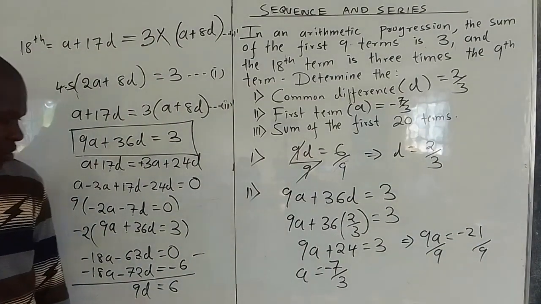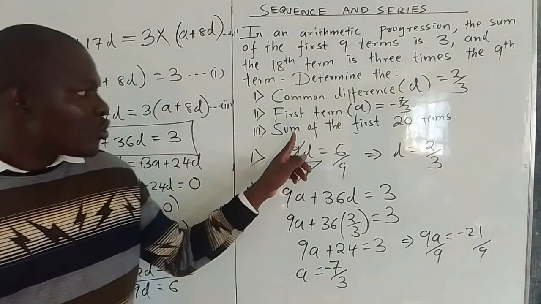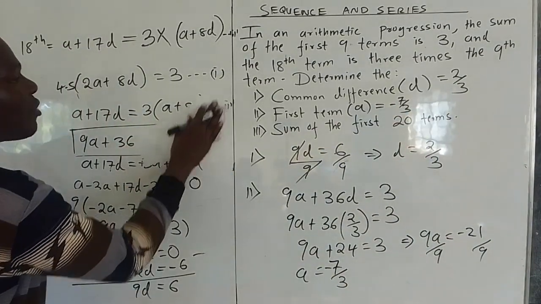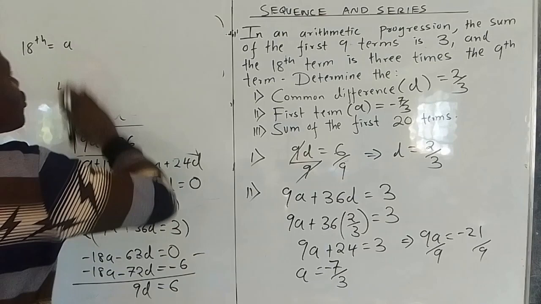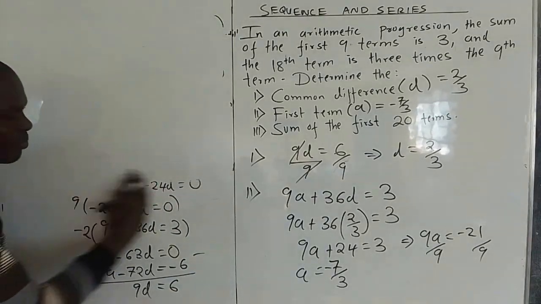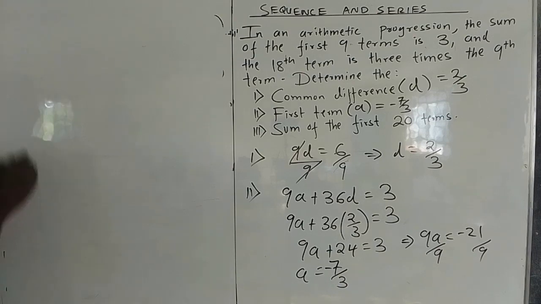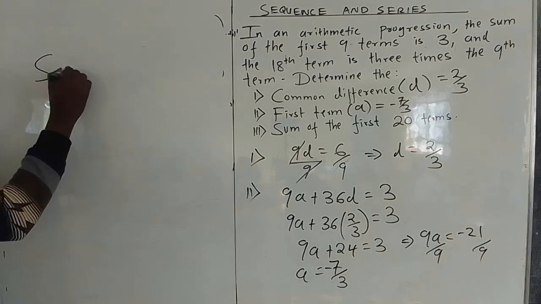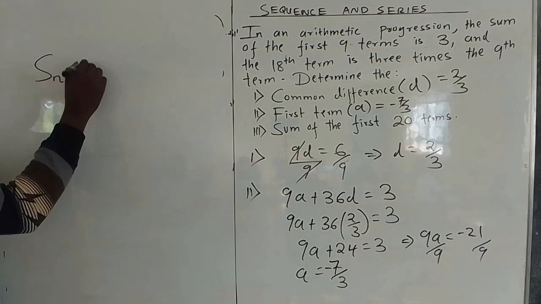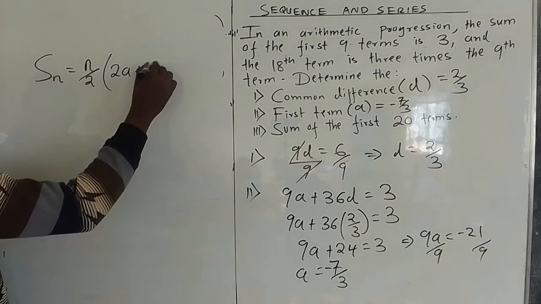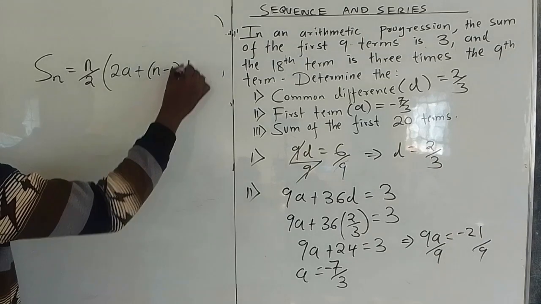After finding the value of A, you are now in a position to get the sum of the first 20 terms. Meaning you go to the formula from the unknowns you identified. What did you identify with the sum of 20 terms? You just read it, the formula from the log table. The sum of any terms of an arithmetic progression is given by n over 2 into 2a plus n minus 1 into d.